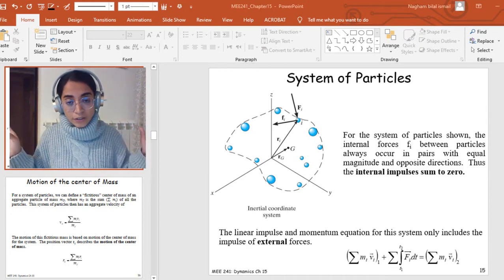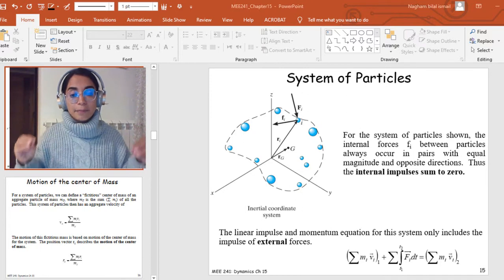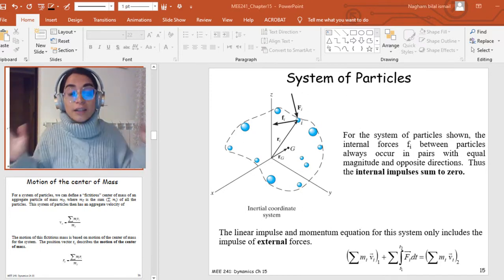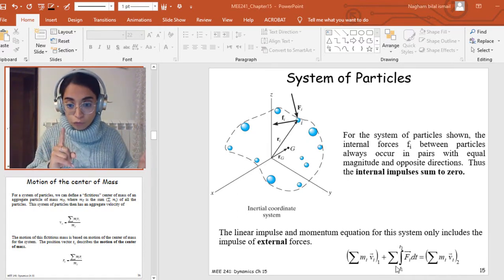And this means that I can apply the linear impulse and momentum equation for this system of particles including only the impulse of external forces and not the internal forces.